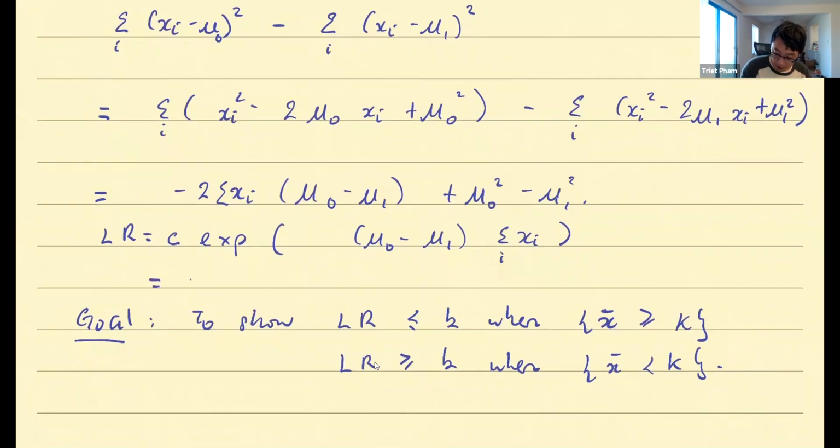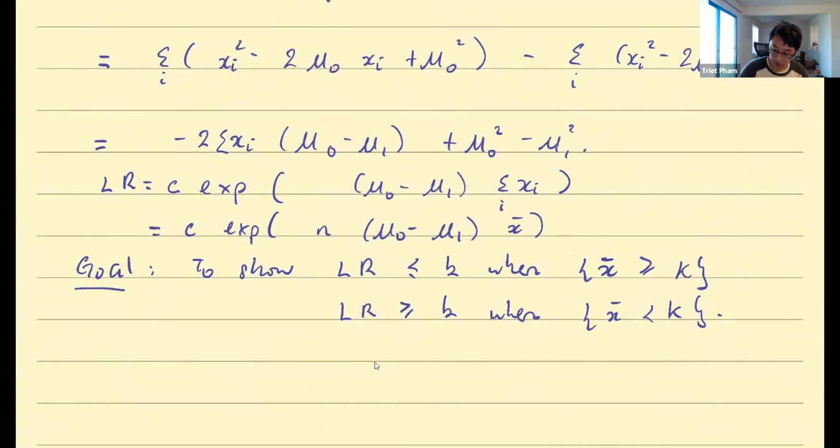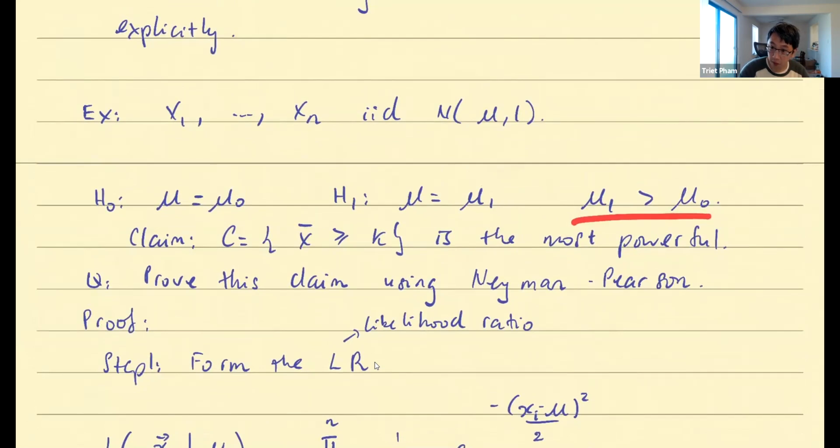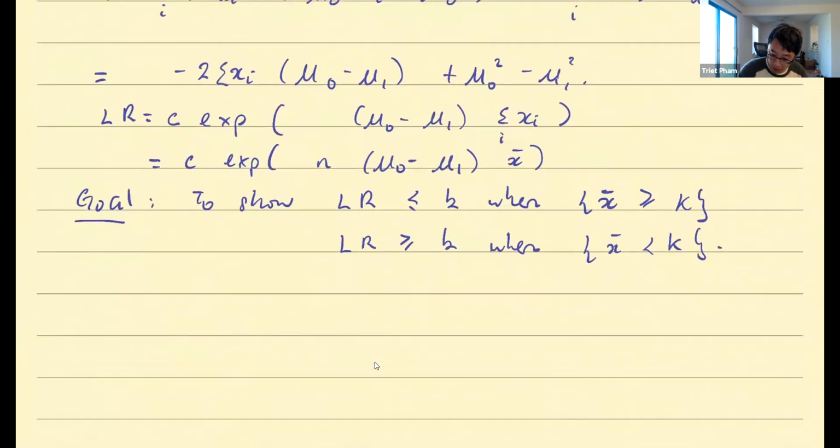I'm done, because this is going to be exponential of one more step, n mu naught minus mu 1 times x bar. And what's the relation between mu naught and mu 1? Mu 1 is bigger than mu naught. So this is going to be a negative number.